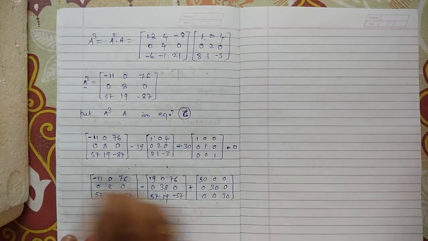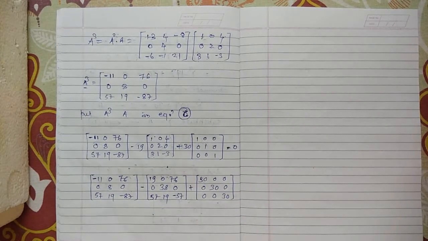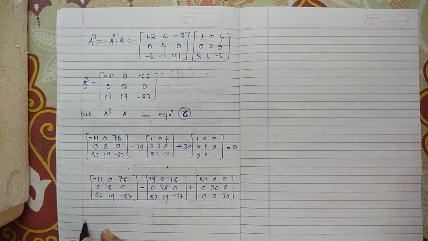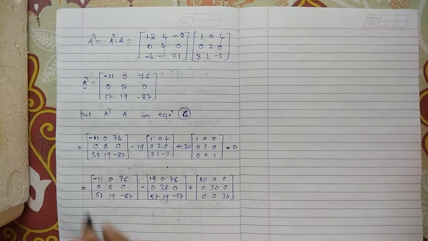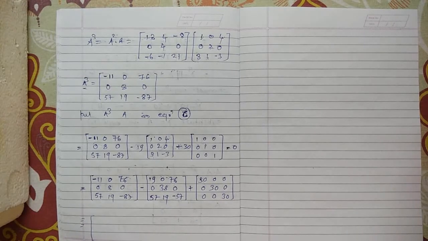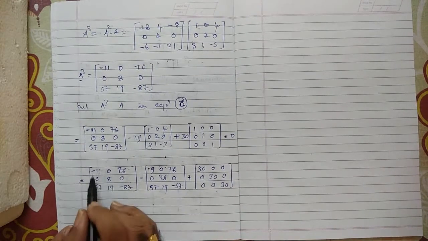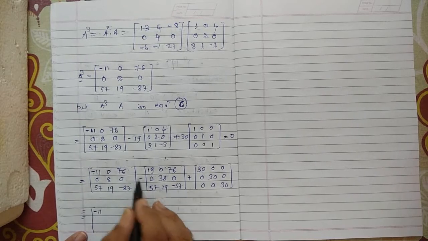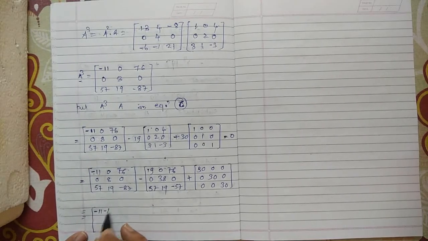Now we will do the addition of this. What is coming here? This is minus 11, minus 19, and plus 30.